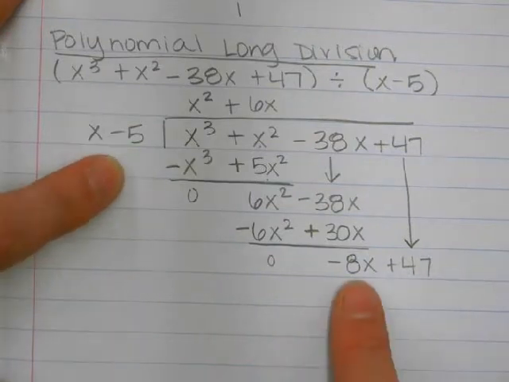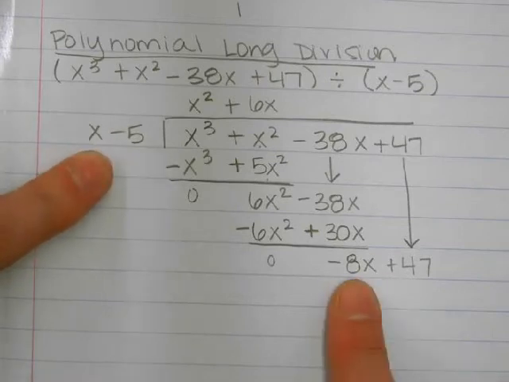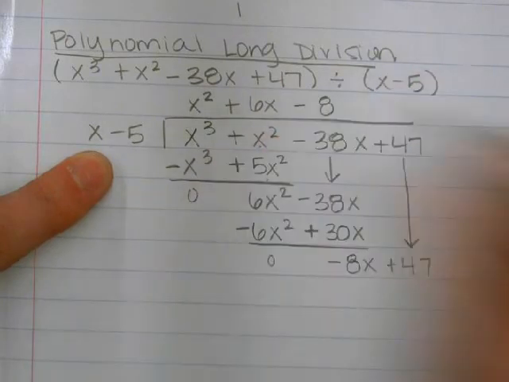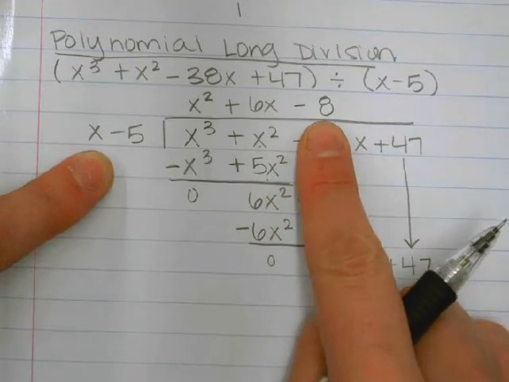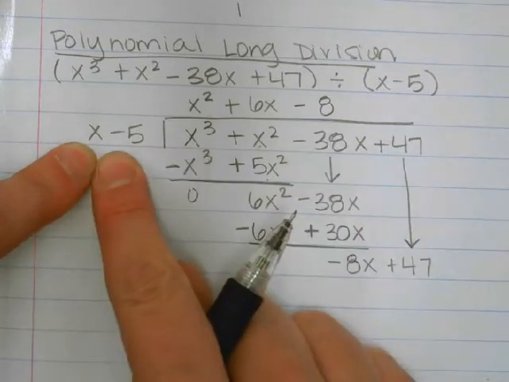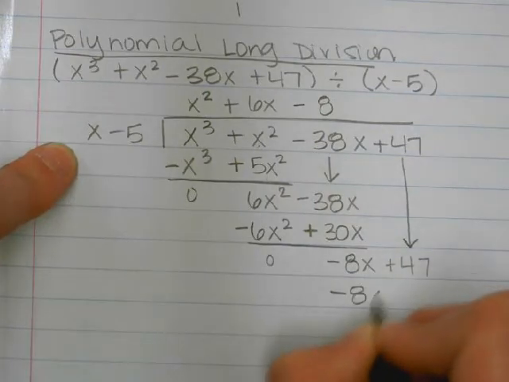All right, my next question. What do I need to multiply x by to get negative 8x? And the answer is I need to multiply it by negative 8. So now that I have the number on the top, I'm going to take the number on the top and multiply it by both of those things that were in the front. So negative 8 times x is negative 8x.